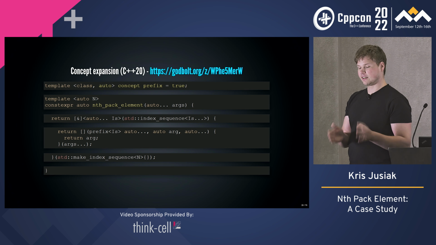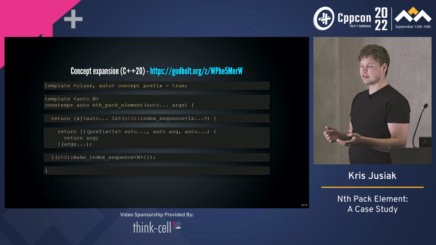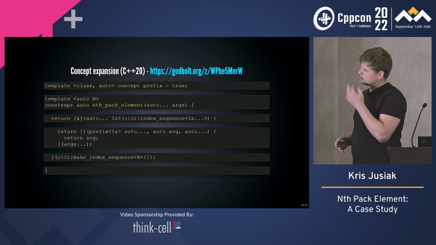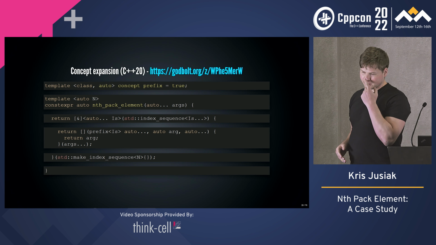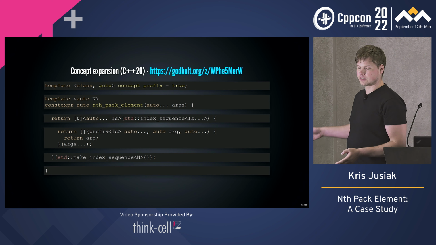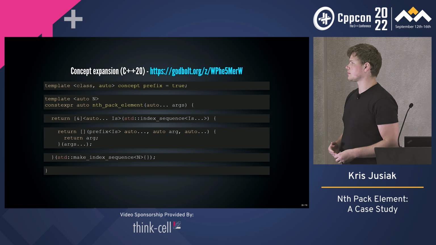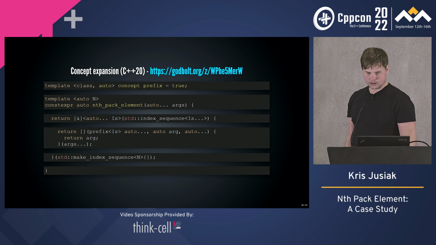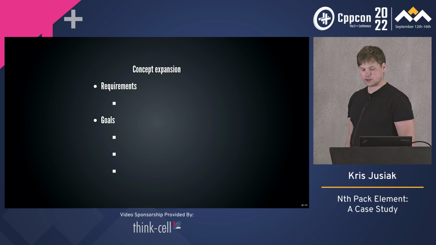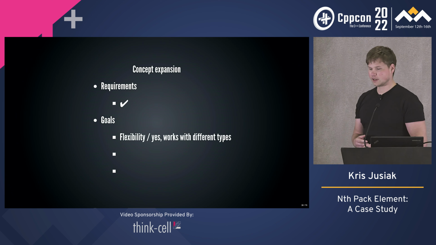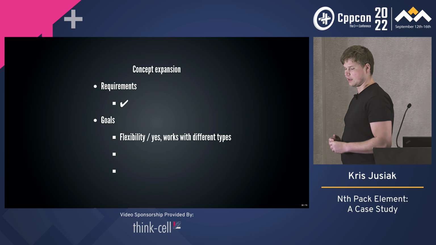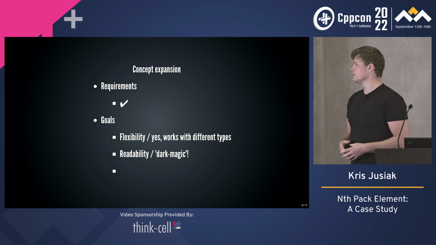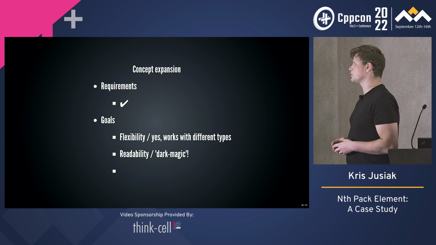So here we have the concept, which is always satisfied. Then we have the auto, we don't care about the name. It's kind of similar to the previous solution, just modern. Then we have the arg, and we return the arg. So that's the solution. It satisfies the requirements and works with different types. It involves a bit of dark magic, since we have to do concepts.